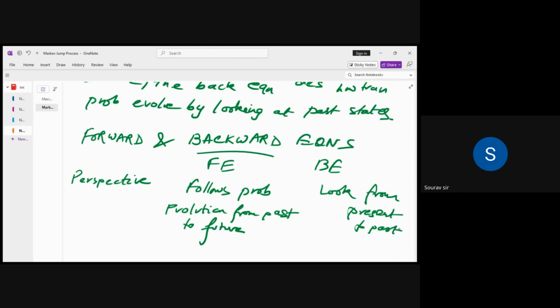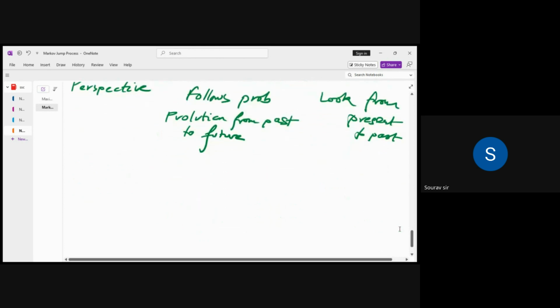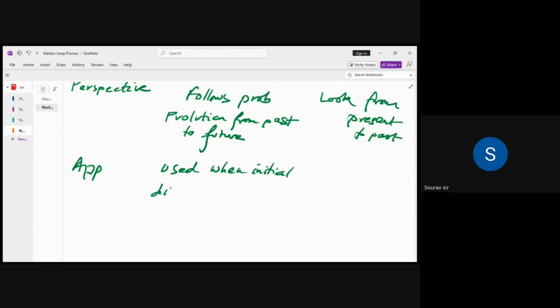And what is the application? The forward equation is used when the initial distribution is known and we want to predict future probability.